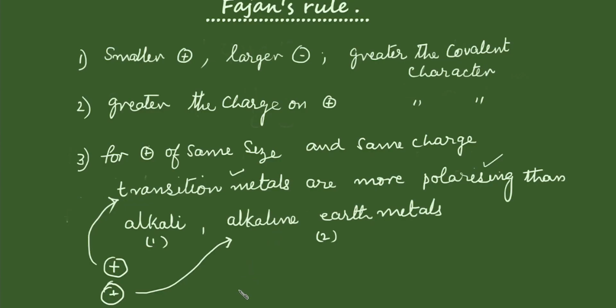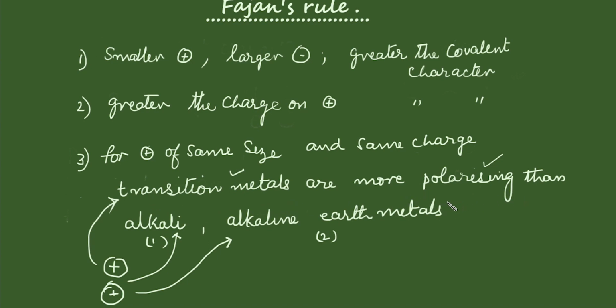Again, there may be a compound with transition metal as the cation and another compound with alkali metal, that is first group, as the cation. In that case also, the compound with transition metal will have more polarizing character.